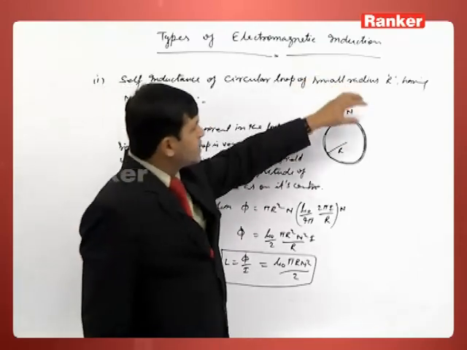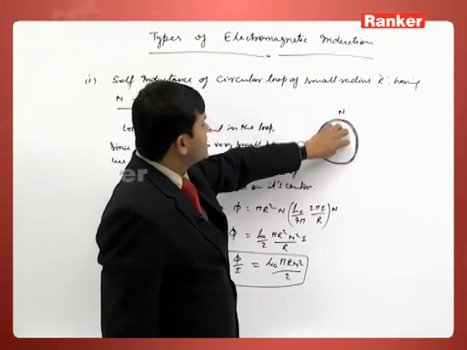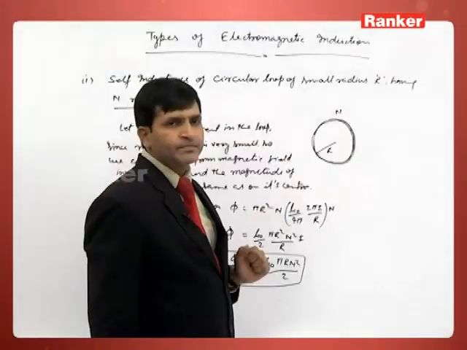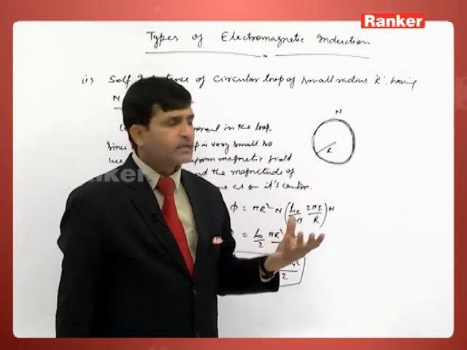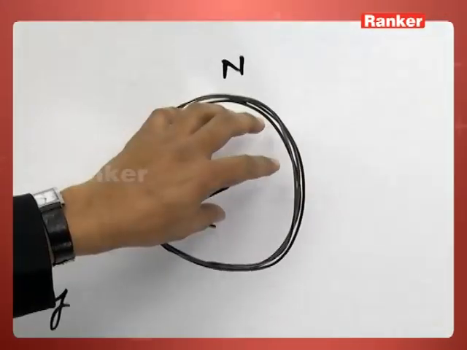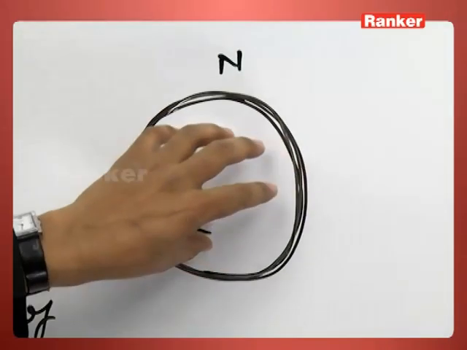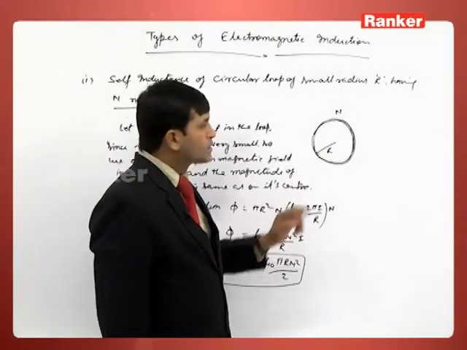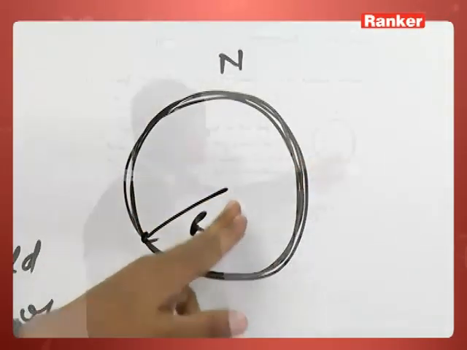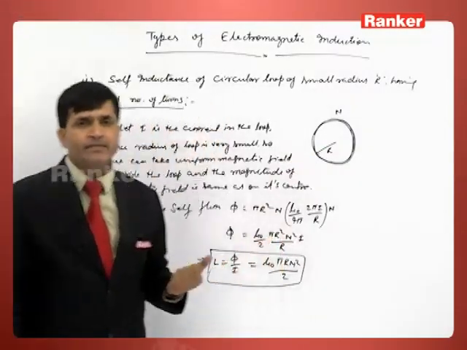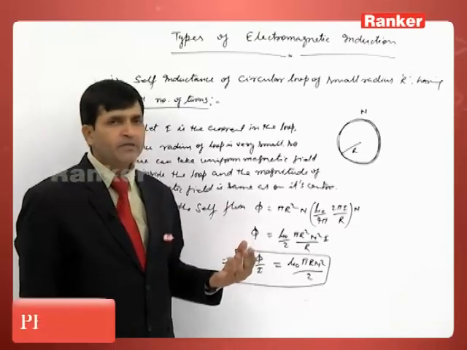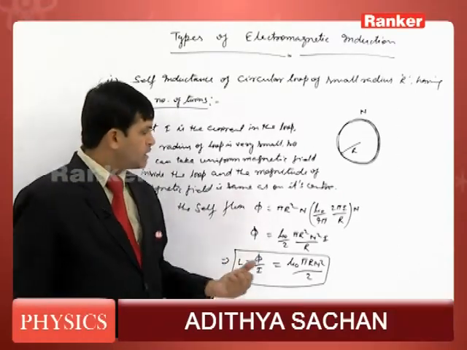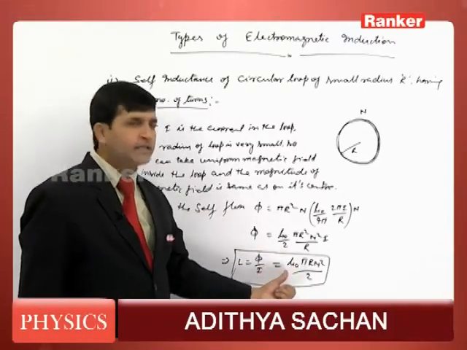Suppose inside a loop we keep a ferromagnetic material, say a cylinder of radius r made from ferromagnetic material. Rather than vacuum inside, we have a medium with magnetic permeability μr, so the μ₀ value will change.